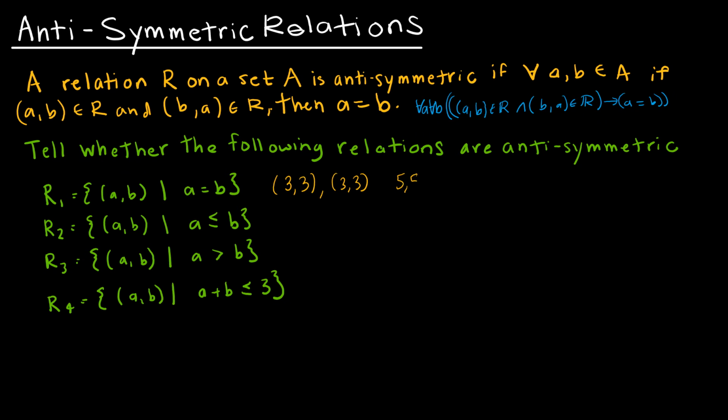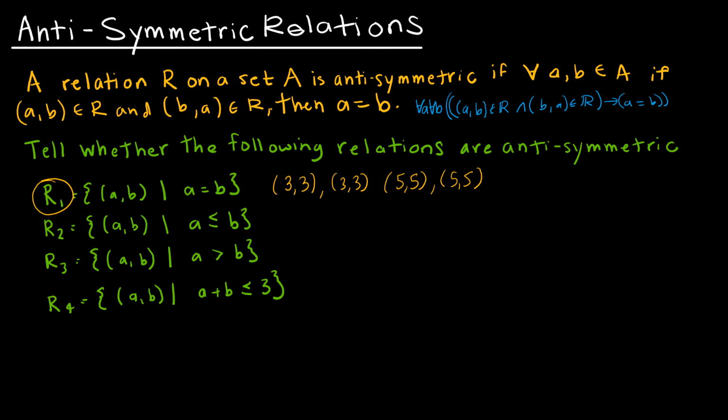So 5, 5 is in R, and then switching the order, 5, 5 also is in R. So yes, of course, this is true. For all of those elements, A, B, and B, A that are in R, that implies A is equal to B. And we can continue to make a listing of them, but it's not necessary. We know that this one is true.